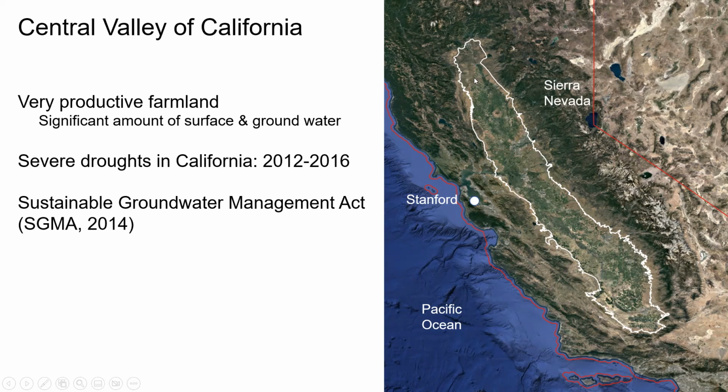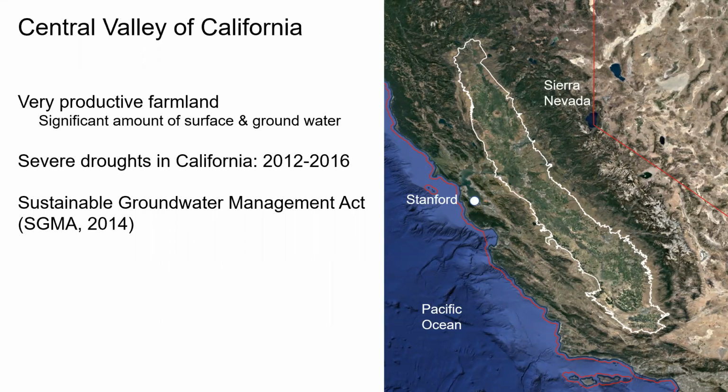And as you can see, a lot of blue here. Those are a whole suite of farms, very productive farmland, which uses significant amounts of surface water as well as groundwater. And between 2012 and 2016, there were very severe droughts in California, and with that, the groundwater sustainability in this region was really threatened.